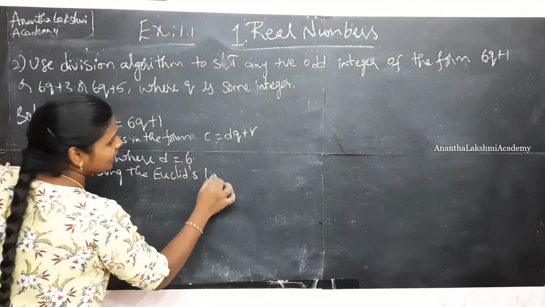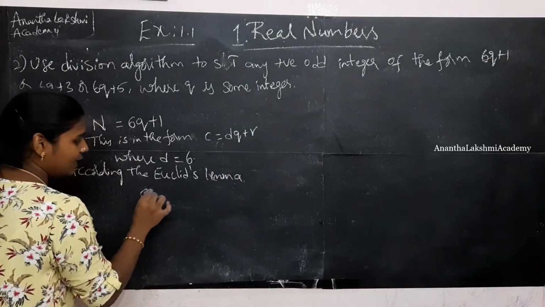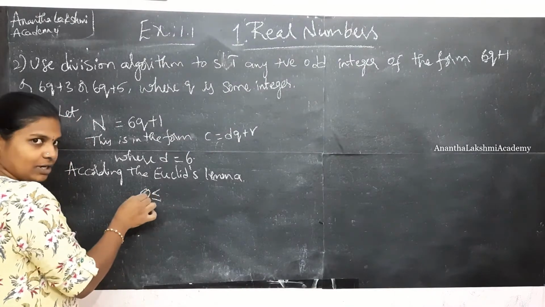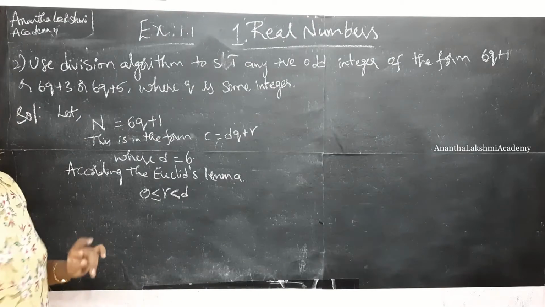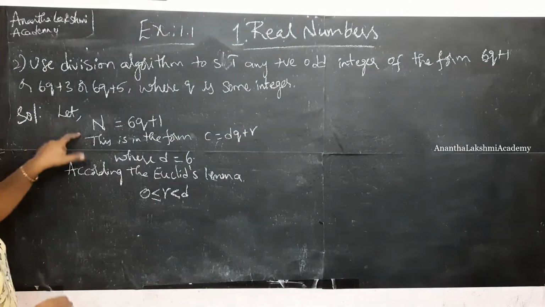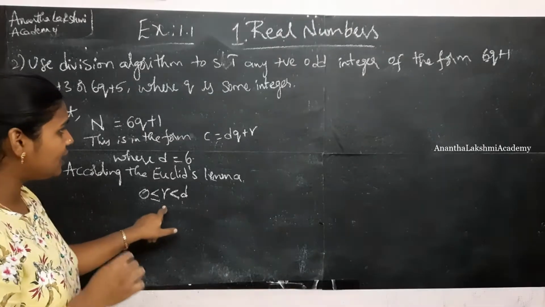Now, when we know that the divisor is 6, according to Euclid's lemma, what did he say? He said the remainder should be greater than or equal to 0 and it should be less than d. So what does this n become when we divide by 6? What should be the remainder?